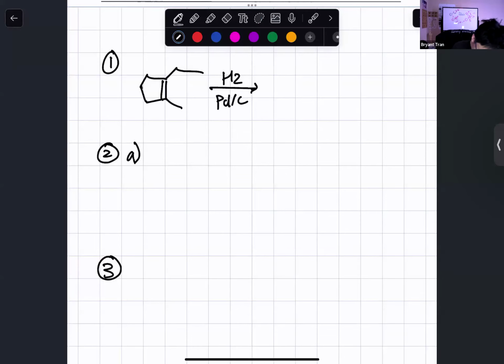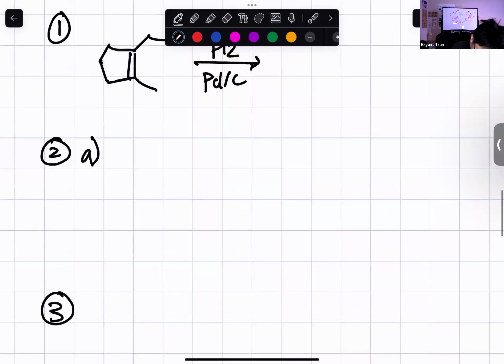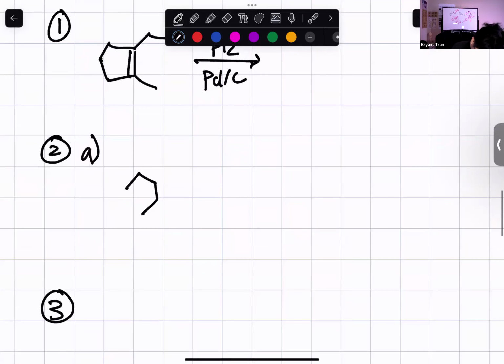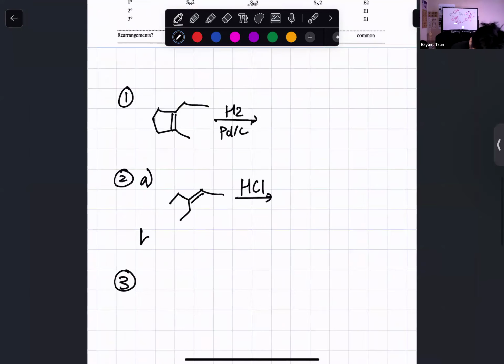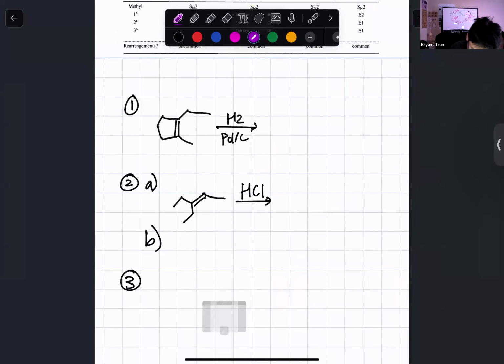Say this is A, and we react this with HCl. And part B is going to be like this right here.